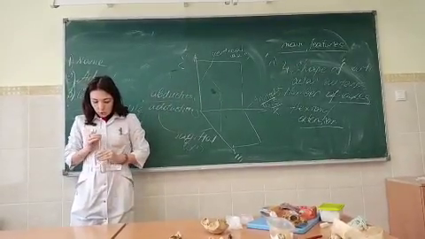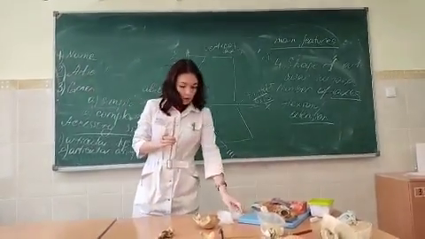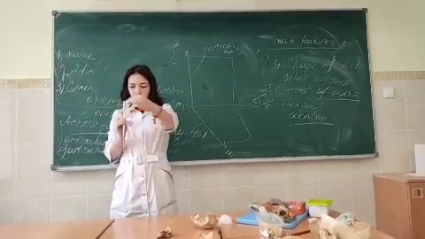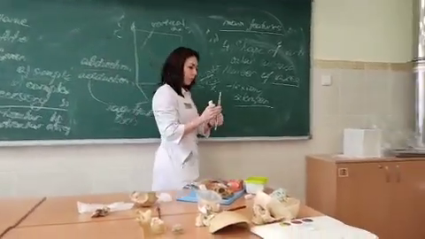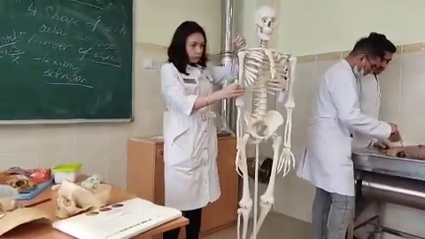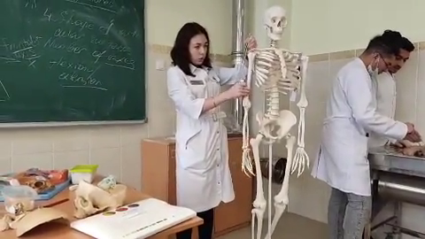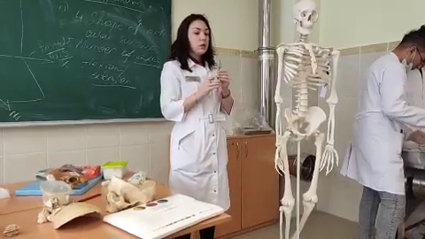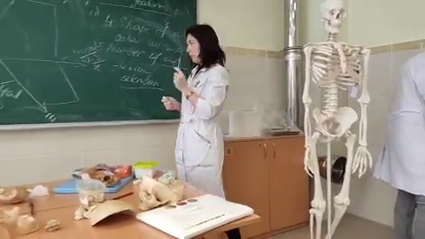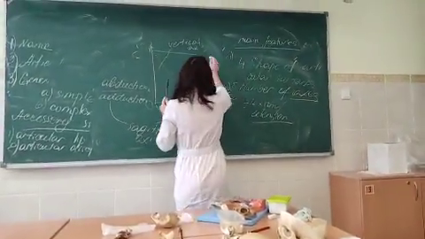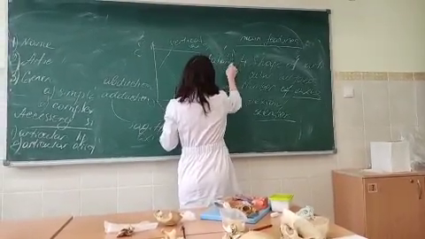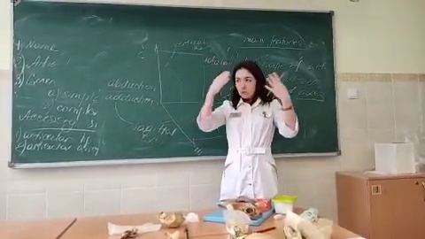So again, we should imagine the movement that is possible around this axis. This movement is named rotation. But rotation can be directed to two sides.